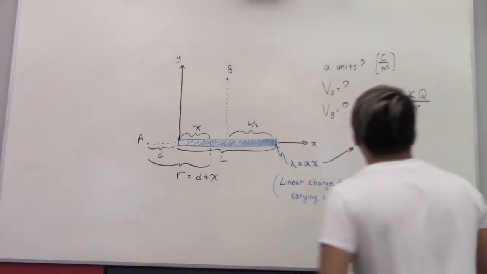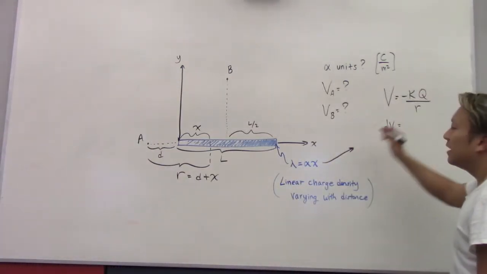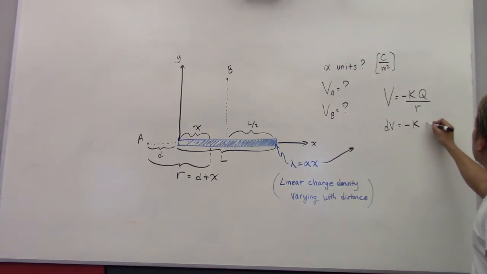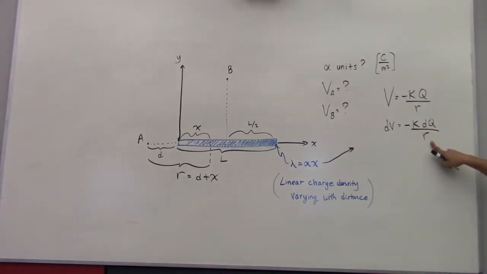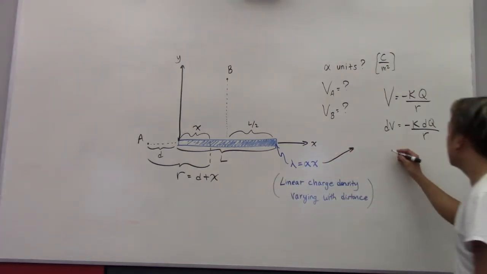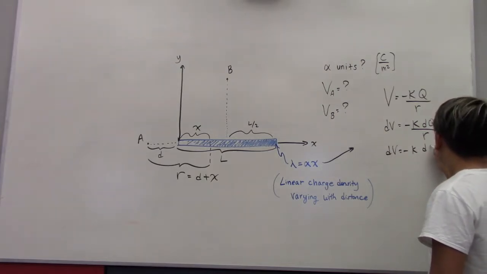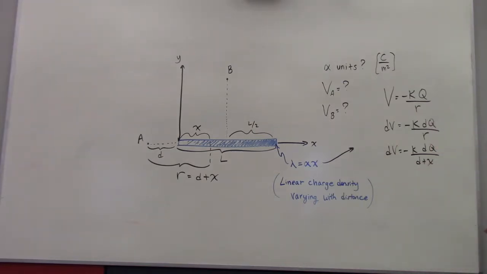All right, so now we have that. We can look at our structure here. This is going to be minus k dq over r. Now I can take that r and plug it in here: negative k dq over d plus x. We are integrating along the charged rod, so that's along the x-axis. What's the problem?